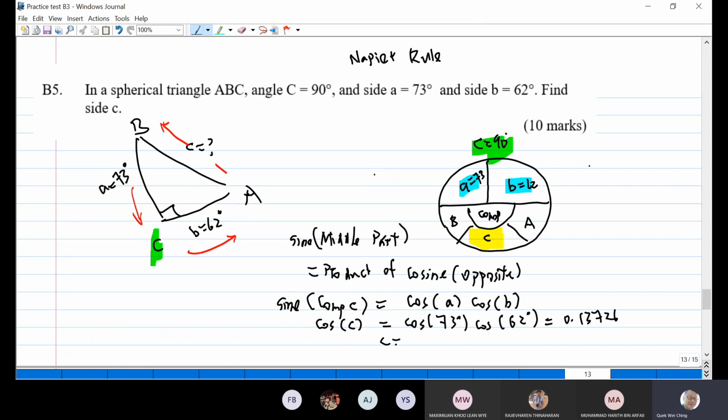So the side C is equal to cosine inverse of 0.13726, right? So shift, cosine inverse. Answer, 82.11. So that means this side here is actually 82.11 degrees.